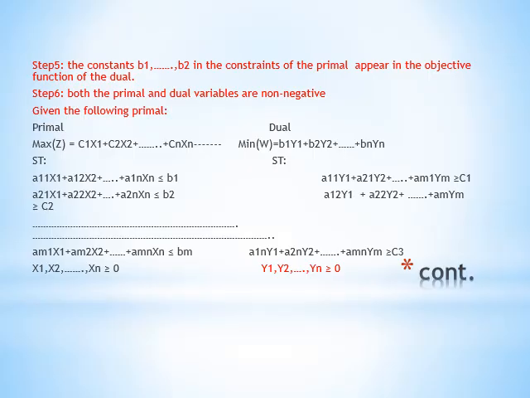Every constraint contains the cost of producing 1 unit, for example, for x1 and for x2 at the first phase.